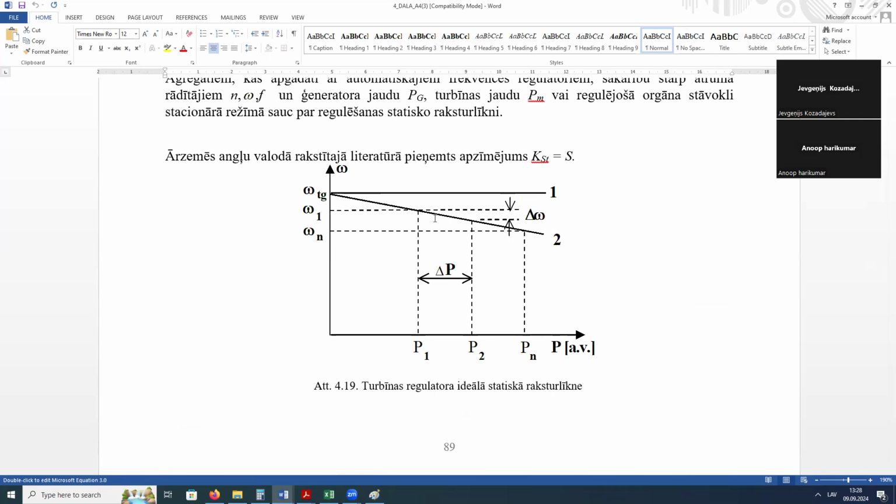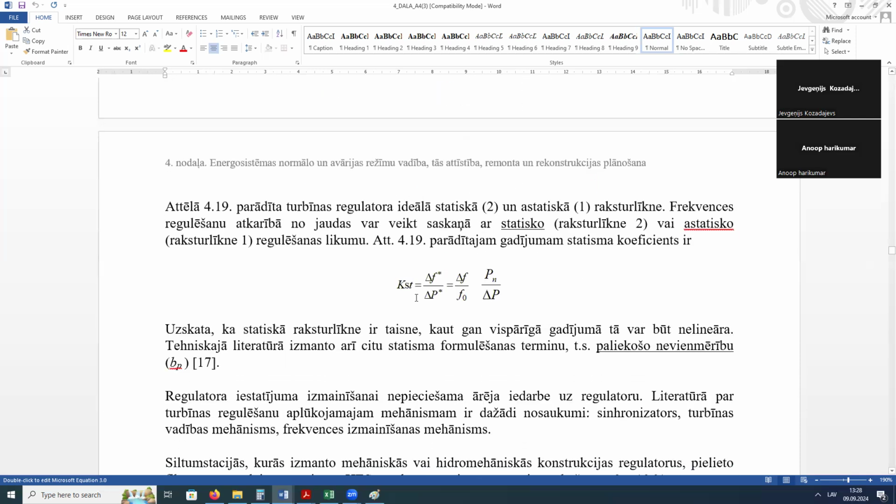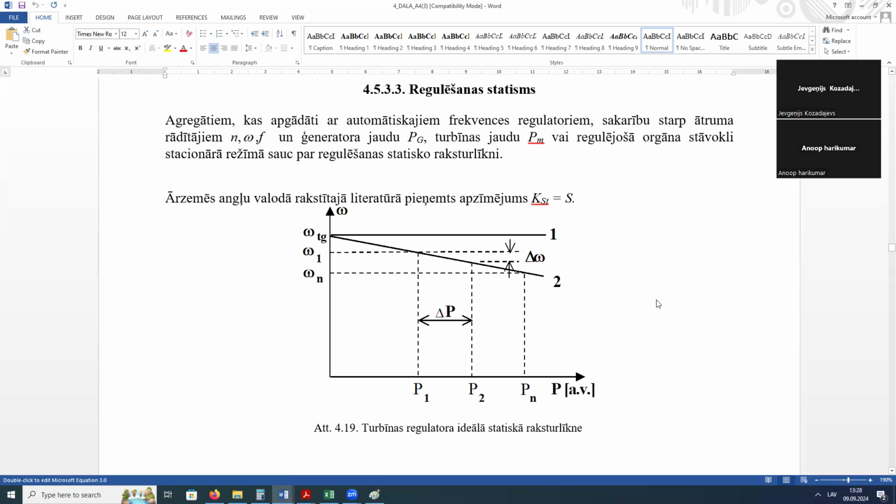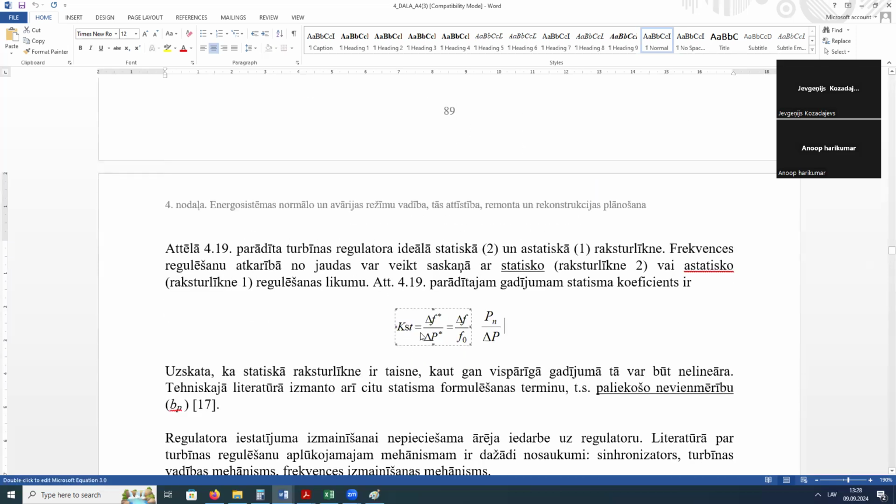The difference is that one produces and the second consumes. So the idea and the formula are very similar. The reaction for the load is the frequency deviation divided by the power deviation, which is equal to the frequency deviation divided by the nominal frequency, multiplied by the nominal power of the load divided by the power difference.